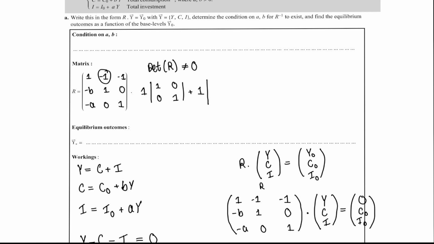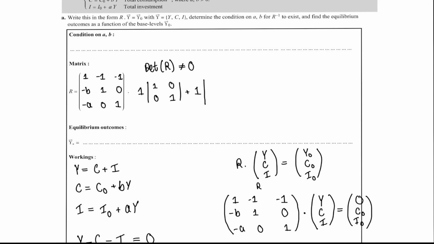And then I choose minus 1 and then write down the determinant of that matrix of minor, which is minus b, 0, minus a, 1. And then finally minus 1 with the matrix of minor being minus b, 1, minus a, 0.